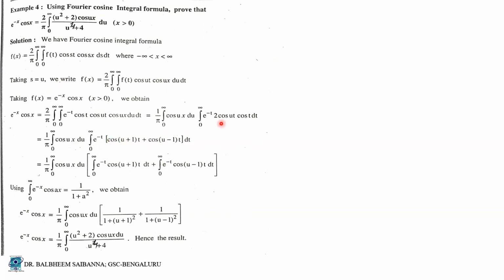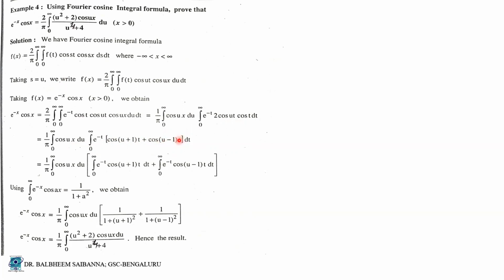Here using the 2 cos a cos b formula: 2 cos a cos b is cos of a plus b plus cos of a minus b. Cos of ut plus t, then taking t common, cos of ut minus t.